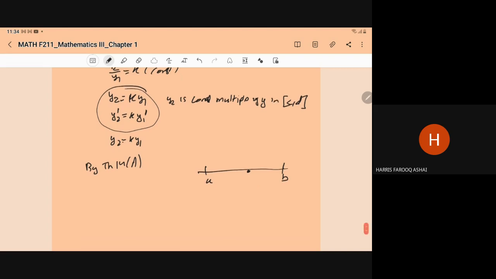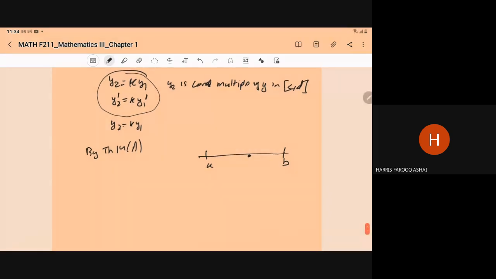Here, by theorem 14a, y2 is equal to k y1 is true for x belonging to (a, b), for the complete interval also it is true, right?